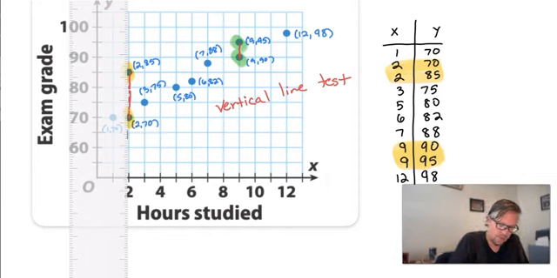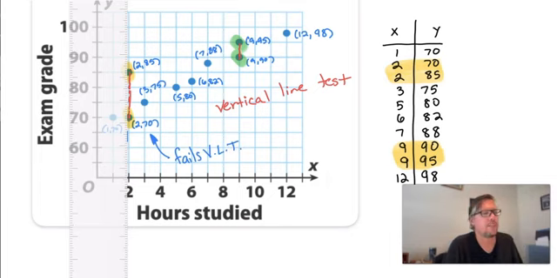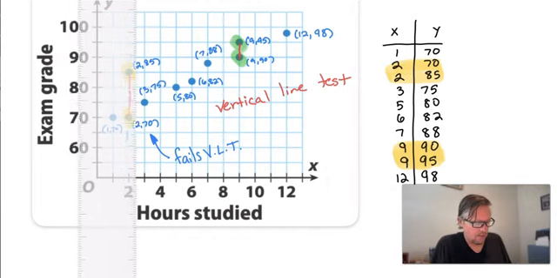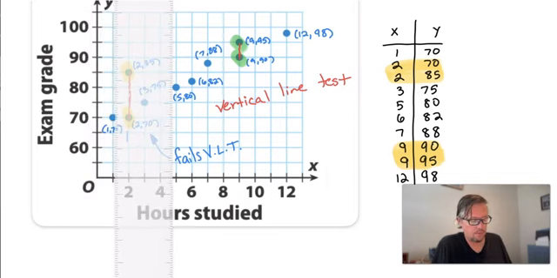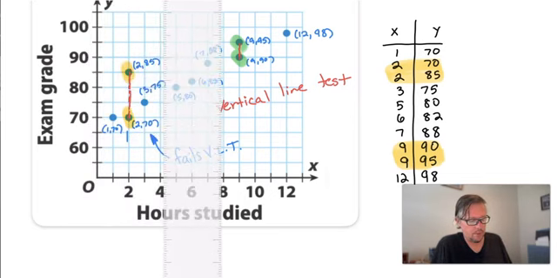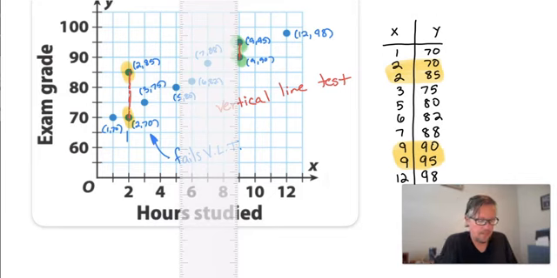Okay, so right here, at those 2 points, it fails, I'm going to abbreviate here, the VLT. Sounds like a delicious sandwich. Fails the VLT right there. I can stop right there. It's not a function. But let's keep going because we know there's another spot where it fails. Okay, here it touches 3. That's okay. Just 1 point, 1 point, 1 point, and boom, there it is again.